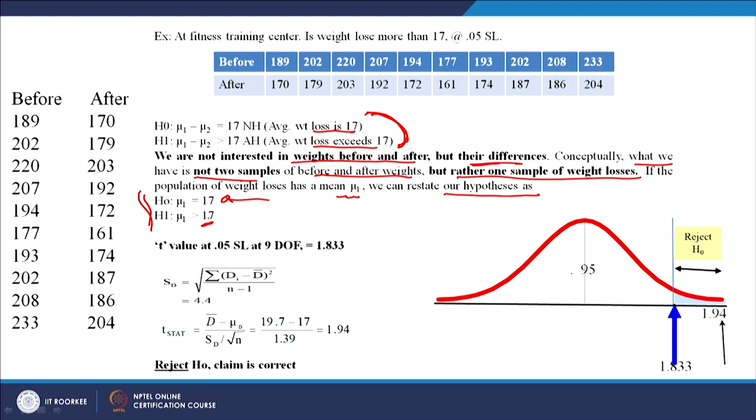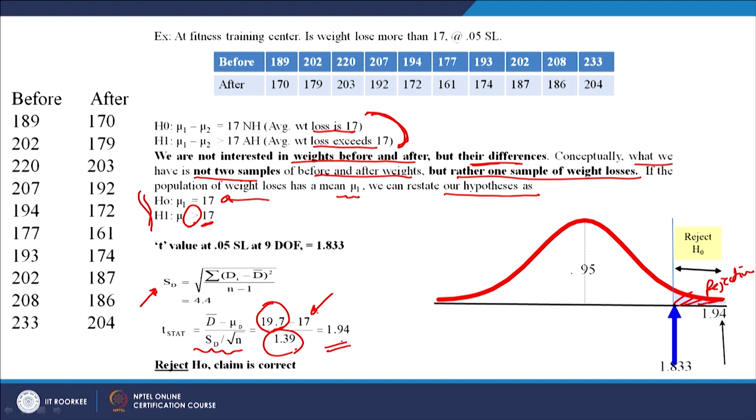This is a case of an upper tail test, a right tail test, right. So, you have this rejection region. You need to apply the sample standard deviation. d bar is 19.7; d bar is nothing but the average of the differences, minus mu d, which is your hypothesized mean of 17, divided by s d upon root n, that is 1.39.